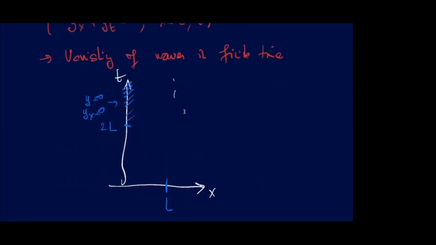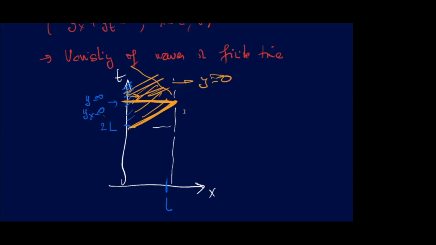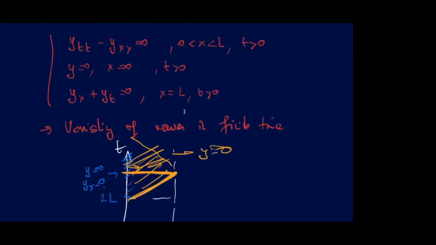It means that you could reverse the sense of time, and then using the classical D'Alembert formula, because both the Cauchy data in the space-like direction, y and yx, are equal to 0, the solution will be 0 inside. So after some time equal to L, the solution is 0 everywhere over there. What we are doing is what we call transparent boundary conditions.